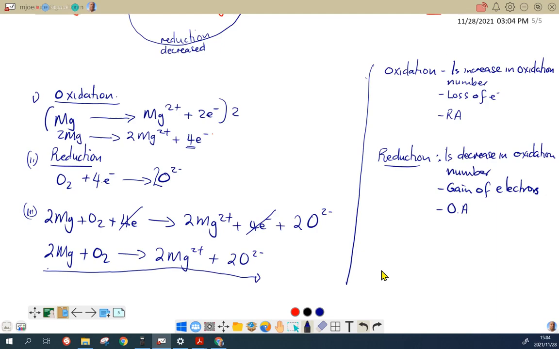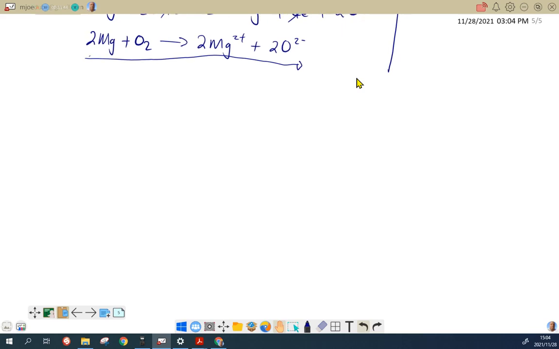I will give you one more example before we leave it to the next video. It says: consider the following unbalanced reaction equation: Fe2+ in solution, so it's already given as ions, plus chlorine, to give Fe3+ plus chloride.